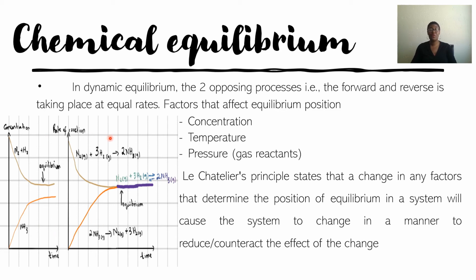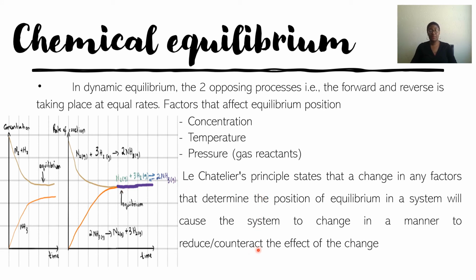Now, if you are asked to draw a rate of reaction against time, then you have the same situation initially. Again, your reactants will start at the high point and your products at the lower point. As the reaction goes on, less and less reactants are available and more and more products are formed, and at equilibrium these two merge together and become constant, making a straight line.